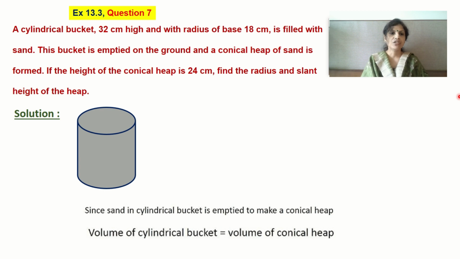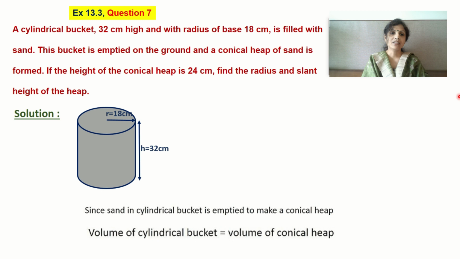So according to the question, there is a cylindrical bucket which is filled with sand. So we'll first draw the figure so that the understanding of the problem will be very clear. Cylindrical bucket, height is 32 and radius of base is equal to 18 centimeter.